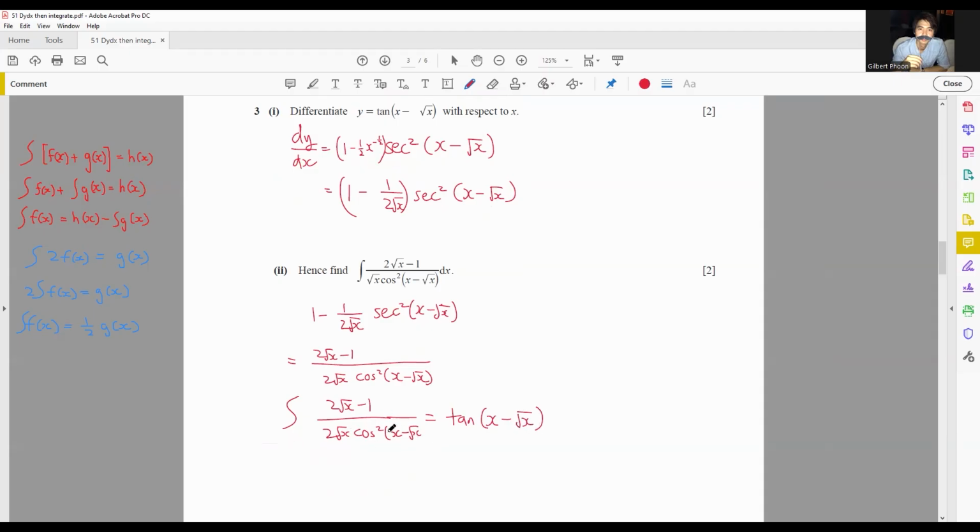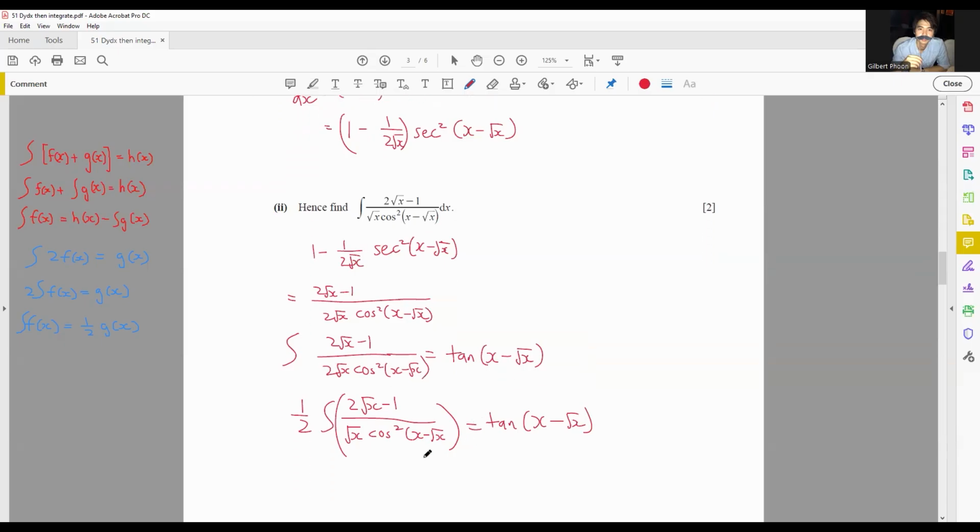So from here, bring the 1 over 2 out, 1 over 2, 2 root x minus 1 over root x cos squared of (x minus root x). And this is what we're looking for from the question, right? Okay, is equal to tangent of (x minus root x).